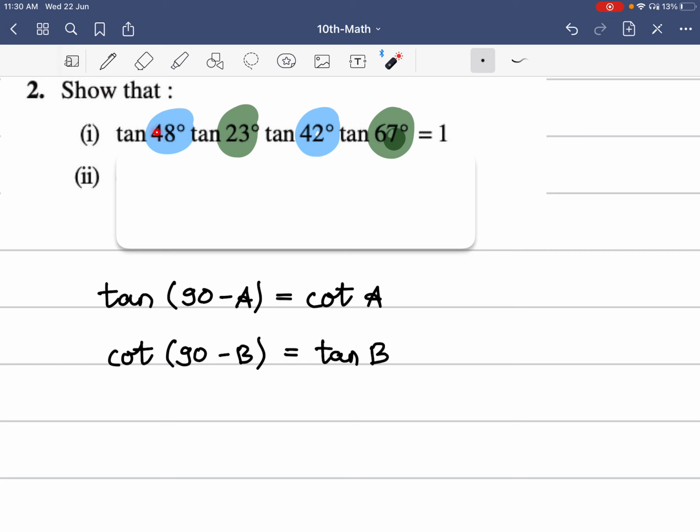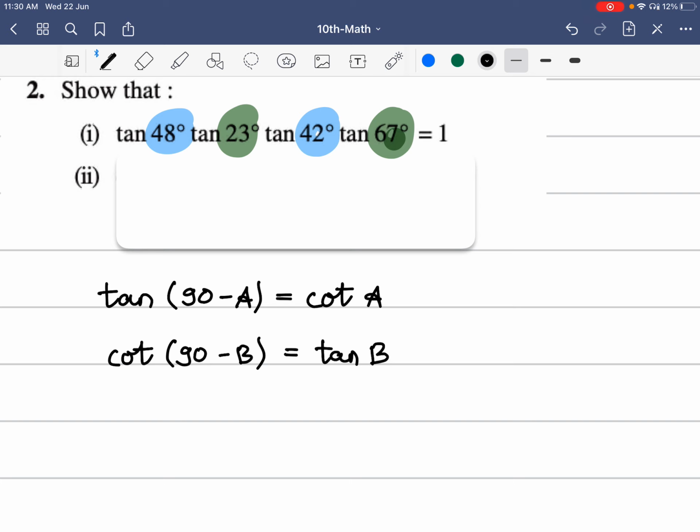Now, since these two sum to 90 degrees, I am going to pick out just tan 48 and write it in terms of cot. So tan of 48 will be cot of 90 minus 48.